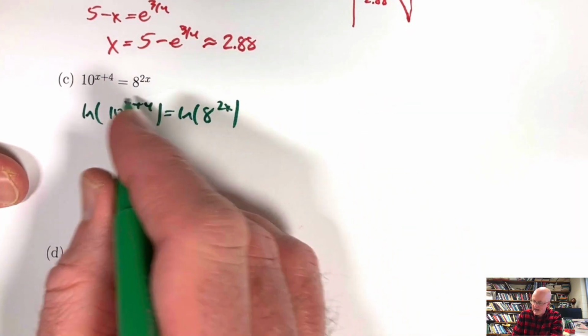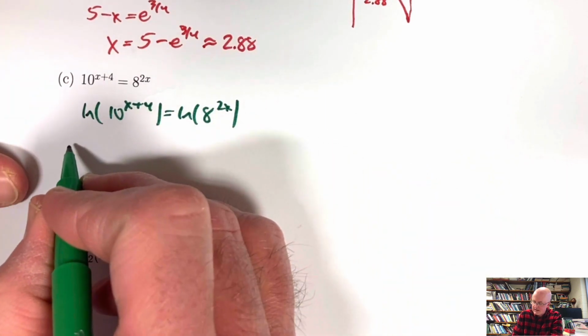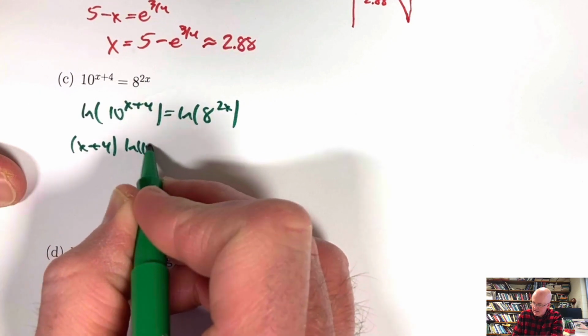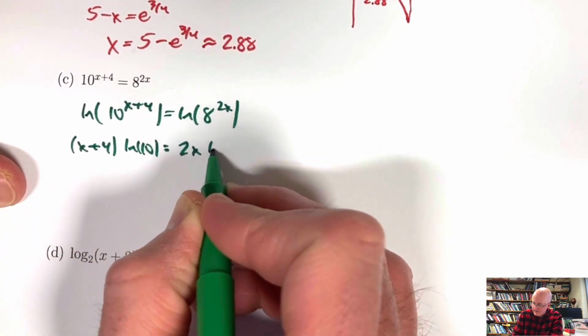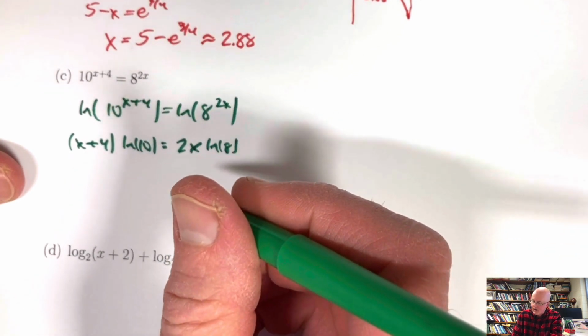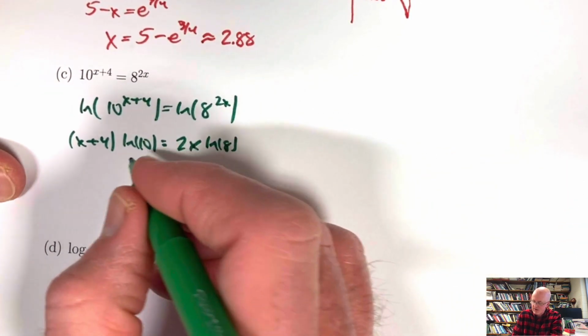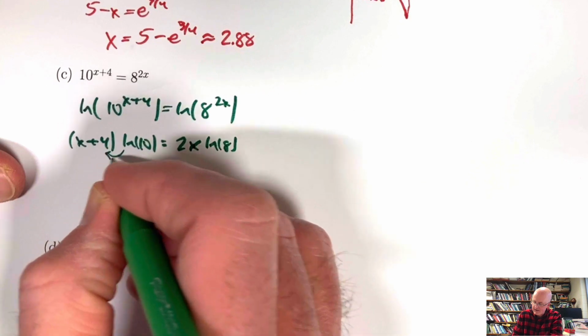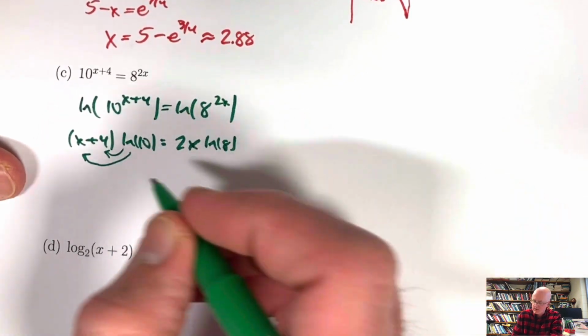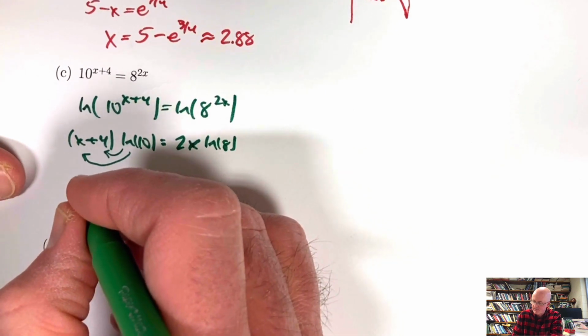Bring those exponents down in front, so that would become x plus 4 ln of 10 equals 2x ln of 8. A little tricky looking here. We do want to isolate x. It's probably best to distribute the ln through here. We've got x's on both sides, and then rearrange after doing so to get x just on one side.